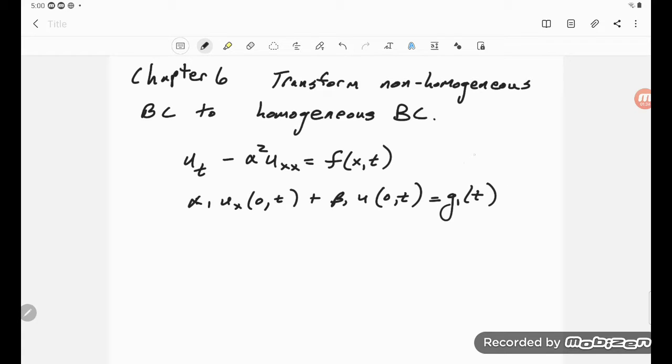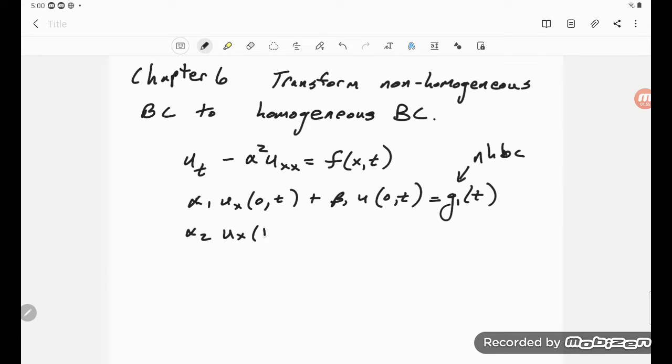Now, this is the non-homogeneous boundary condition. And if g1 of t was 0, that would be homogeneous. And similarly, we have alpha 2 u sub x.